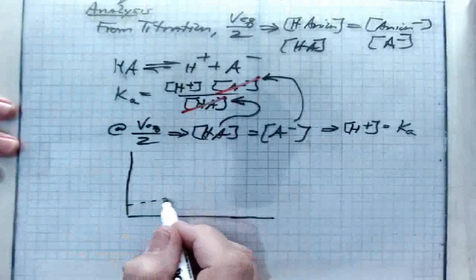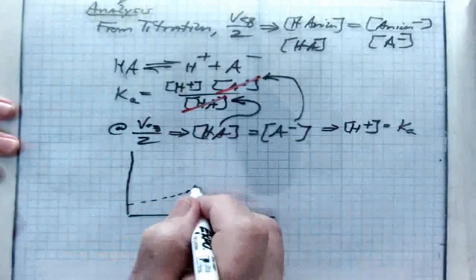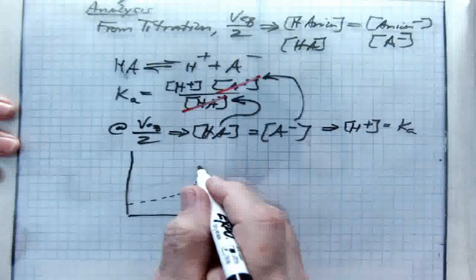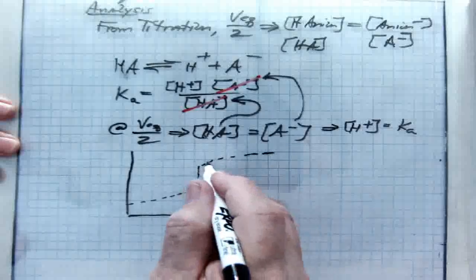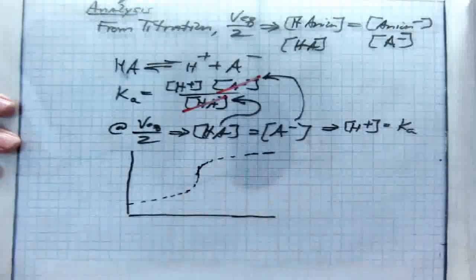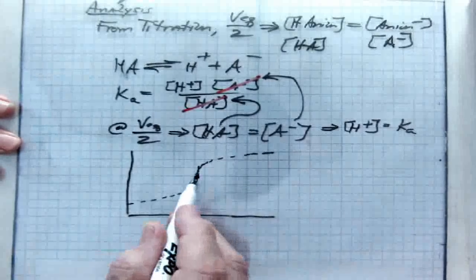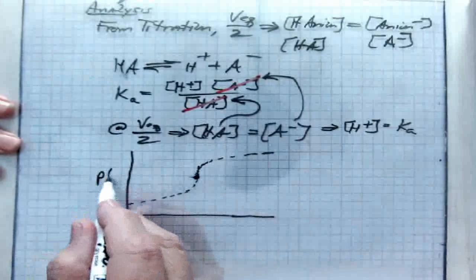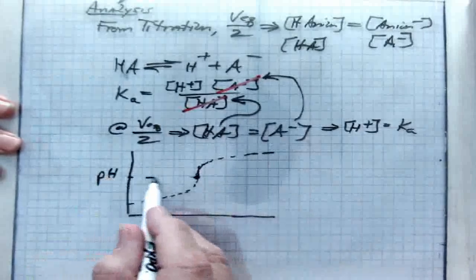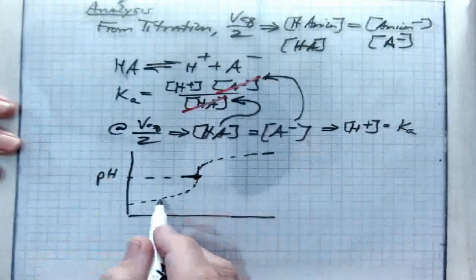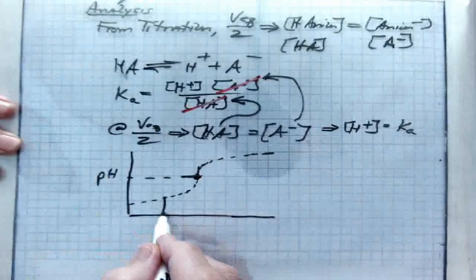But it depends on you understanding how the VEQ over 2 relates to the ionization of the acid, the equation for calculating Ka, because at VEQ over 2 these fall out, the concentrations being equal at that point. But that's why they fall out.